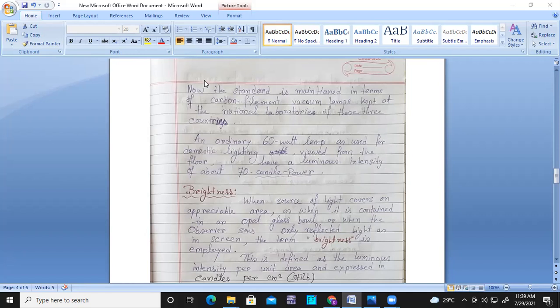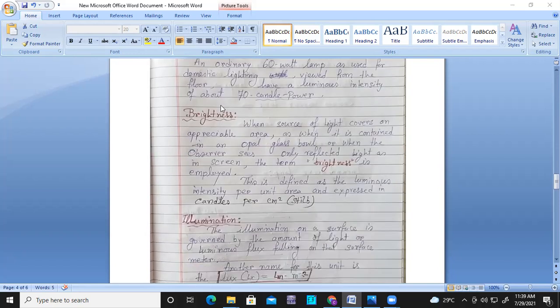Another name for this unit is the lux. Lux is the lm per meter square, lm m to the power -2. So now some important topic is there.